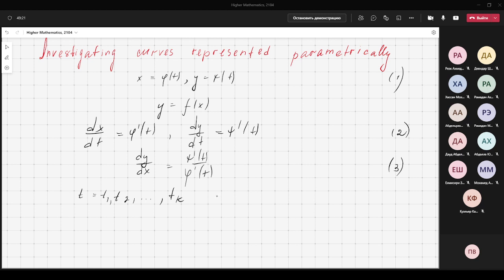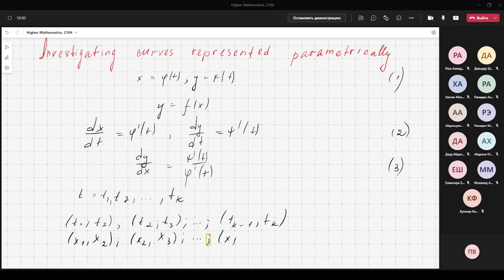By formula 3, in each of the intervals t first to t second, t second to t third, etc., t k minus first to t k, hence at each of the intervals from x first to x second, from x second to x third, etc., from x k minus 1 to x k, where x i is phi of t i, we determine the sign of dy over dx.